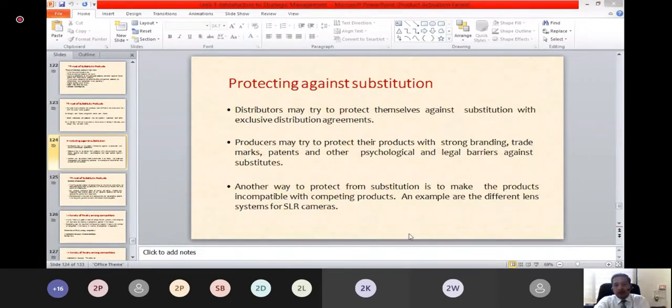You can take the example of the different lens systems for SLR cameras. Those can be used for various cameras easily. Those are compatible with other cameras, and therefore substitution can be reduced by having strong branding or taking the customers' attention towards the product.